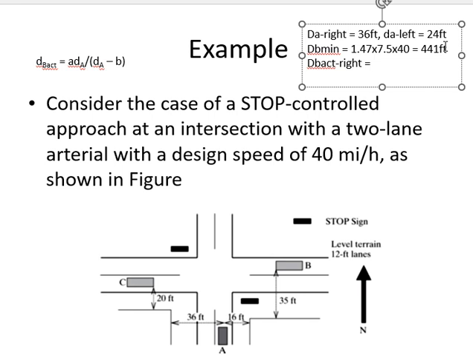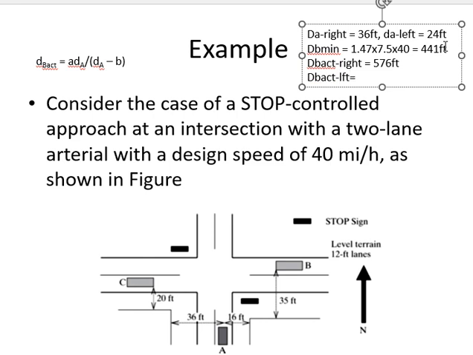And B was the distance from the vehicle to the obstruction on the other side, which is 35 feet. So this is A and this is B. So how much is dB actual for the right hand side? 576. So A into dA upon dA minus B, right? 576.